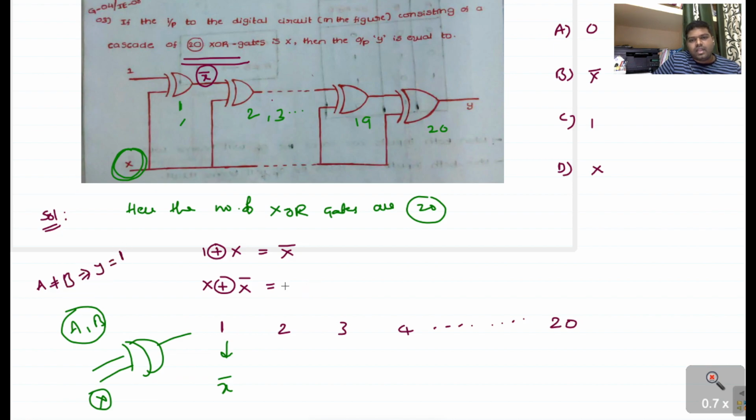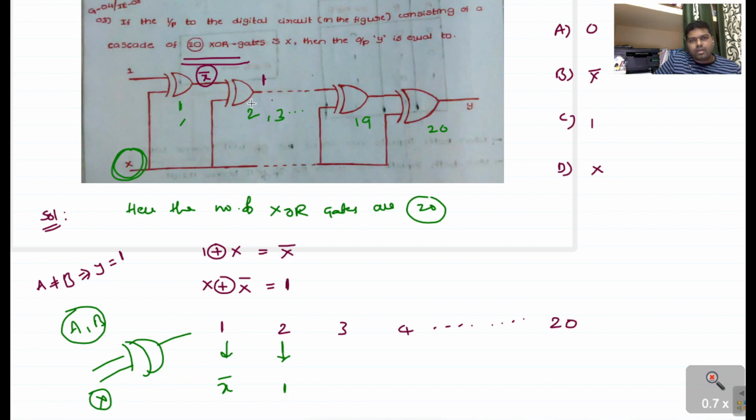So here I will get 1. The second gate output equals 1. Again you can apply the inputs 1 and X to the third gate.